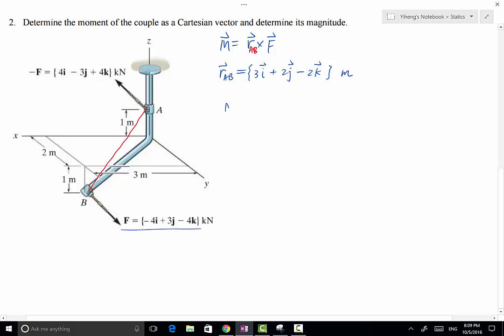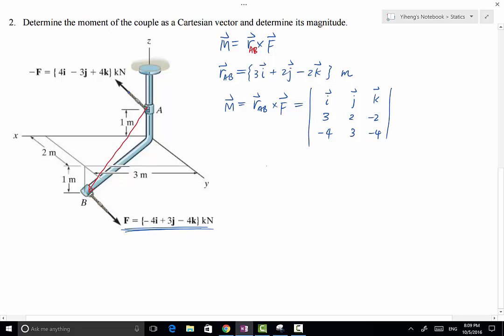Therefore, all we need to do is to set up our matrix to be i, j, k. Then the second row, the three components of the position vector, 3, 2, negative 2. And then the next row, three components of the force vector, because we've chosen this one: negative 4, 3, negative 4.